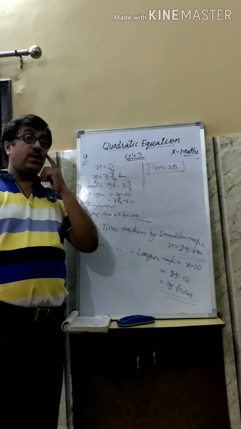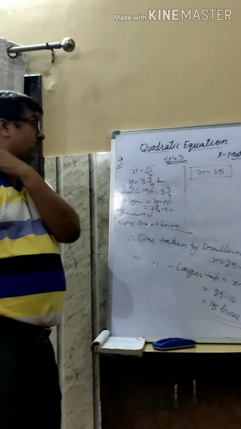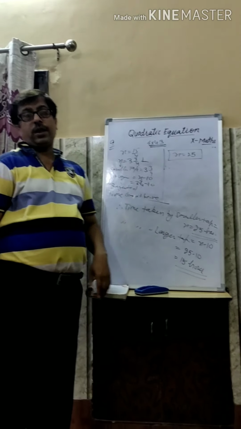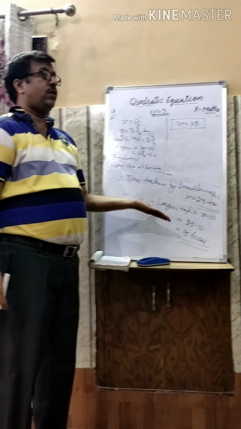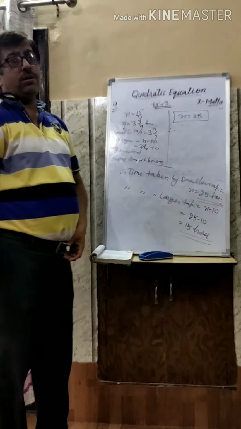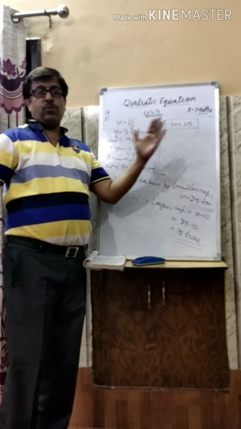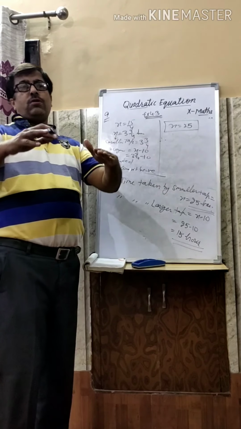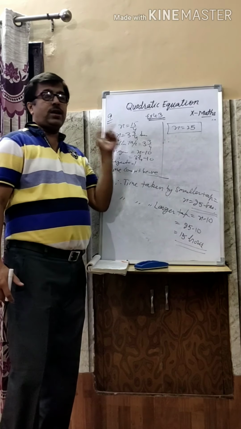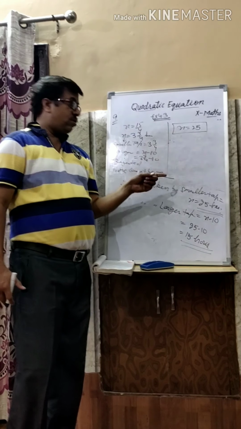So my dear students, in this question we have used what we learned from the 7th class, the questions on work and time. If one man does the work in 5 days, in 1 day he will do 1/5 part. So this concept we have used here. Then both together fill, so both together 1 hour work, we take plus, take the LCM, cross multiply, and get the main quadratic equation.